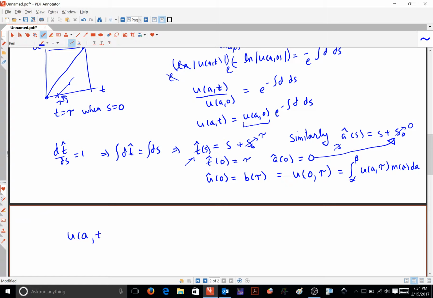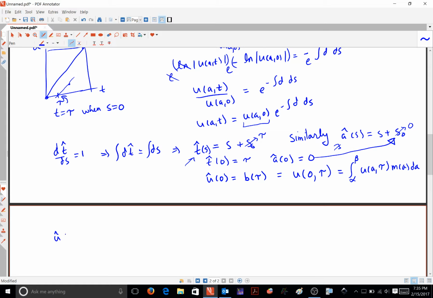U of A T, well, they're writing it U hat of S. A is a function of S and T is a function of S, so then you can write du with respect to S. So we can call this our U of AS because A and S depend on it.